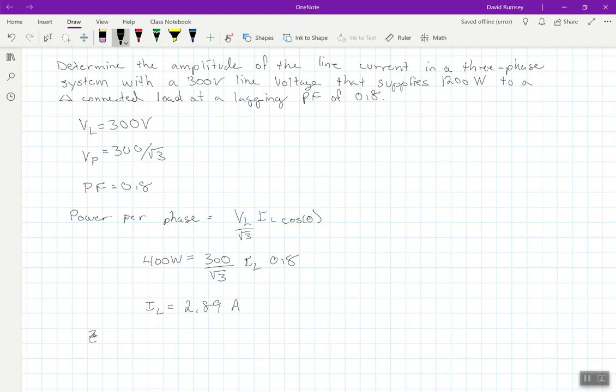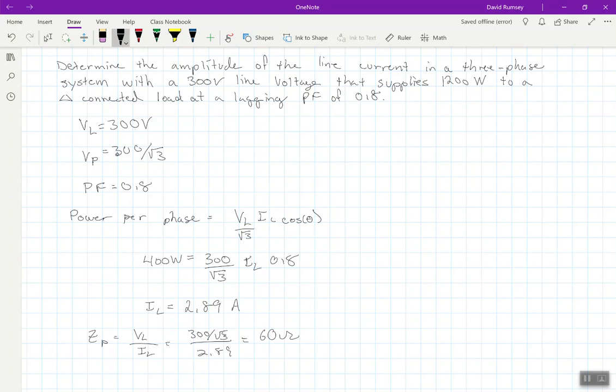And then if we look at the impedance here, we would still have my voltage divided by my current, which is going to be 300 divided by the square root of 3 over 2.89, which gets me 60 ohms again.